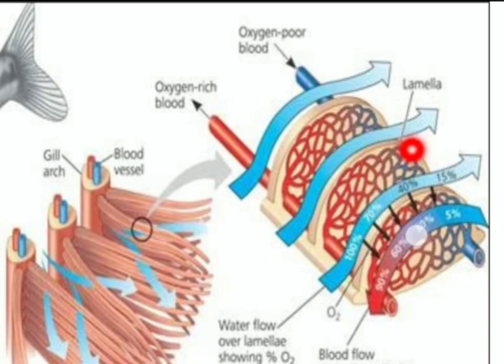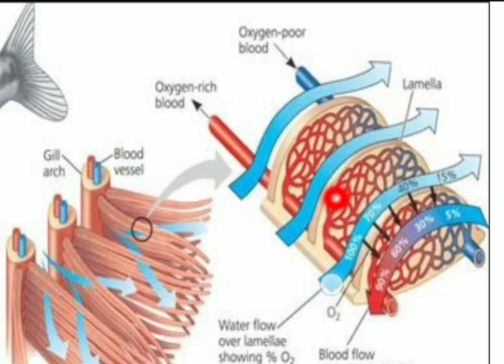The right side is connected with the blood capillary having poor oxygen, and the left side is connected with the artery, or capillary, with oxygen-rich blood. The water will flow from left to right in this manner.